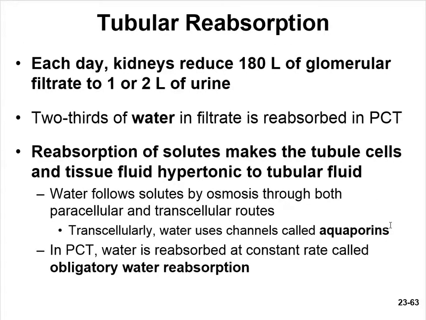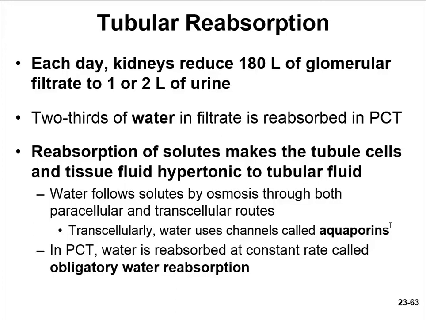Each day, kidneys produce about 180 liters of glomerular filtrate to 1 to 2 liters of urine. It's amazing. Two-thirds of the water in the filtrate is reabsorbed in the proximal convoluted tubule. So two-thirds of the water pulled out at the glomerulus is put back in the PCT.